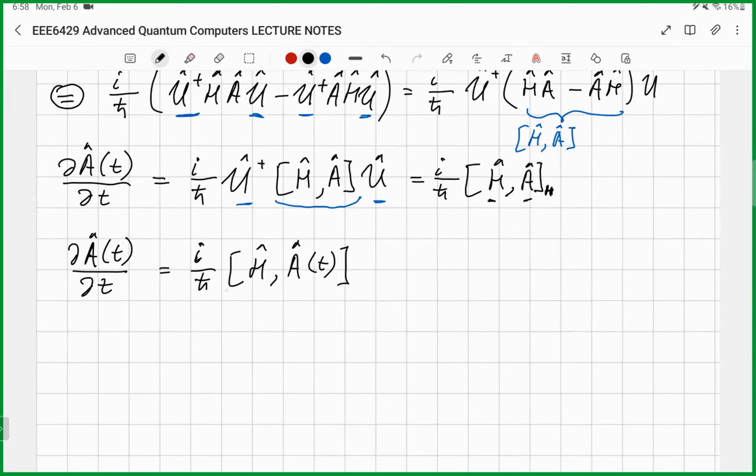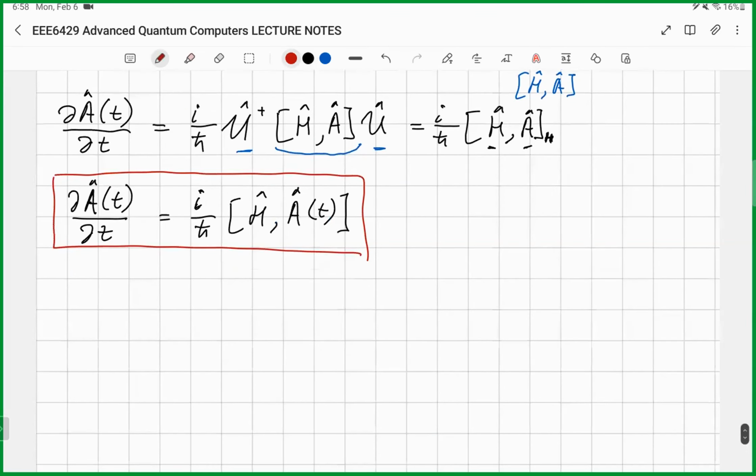So this is the Heisenberg operator. Okay, so this is the so-called Heisenberg equation.